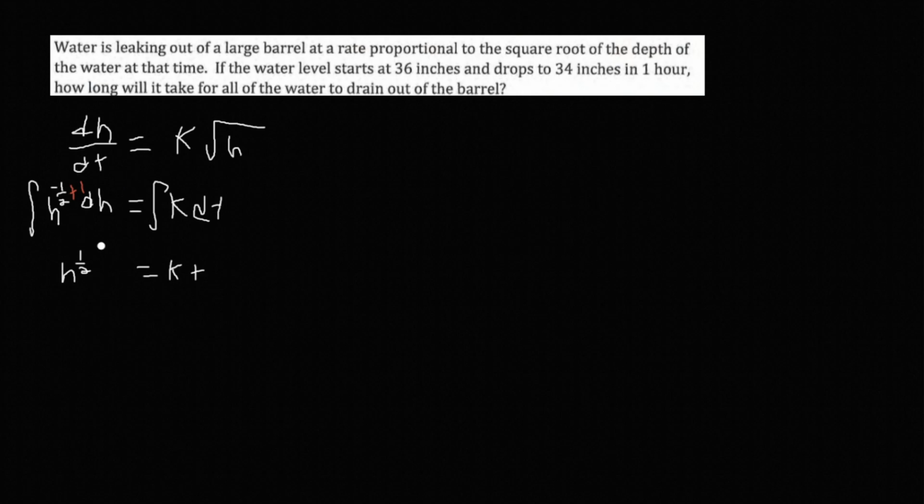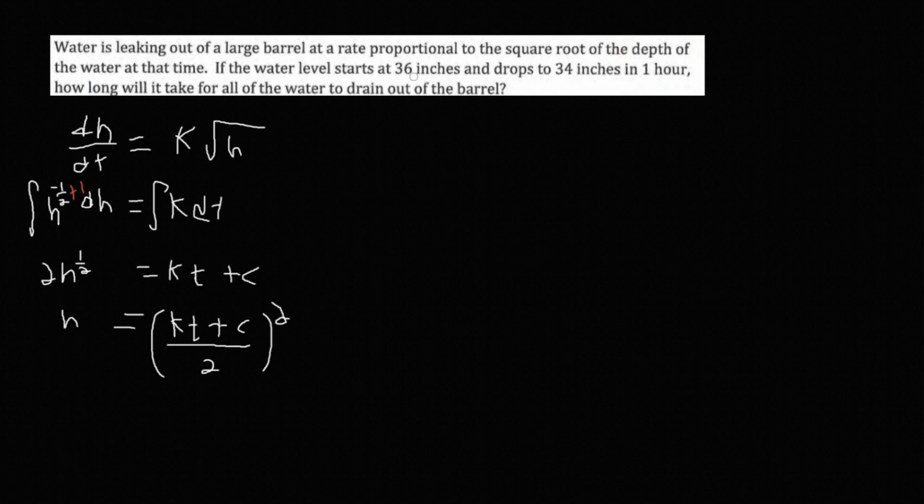So dividing by 1/2 is the same thing as multiplying by 2. And then we need to have our plus c on the other side. Alright, so now divide both sides by 2. So we have square root of h is kt plus c all over 2. This is also square rooted, so we need to square both sides to actually get h there.